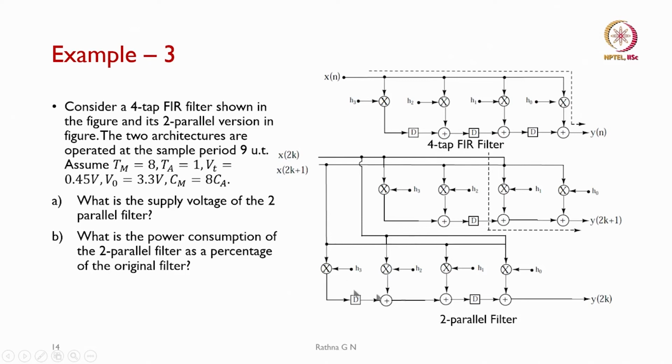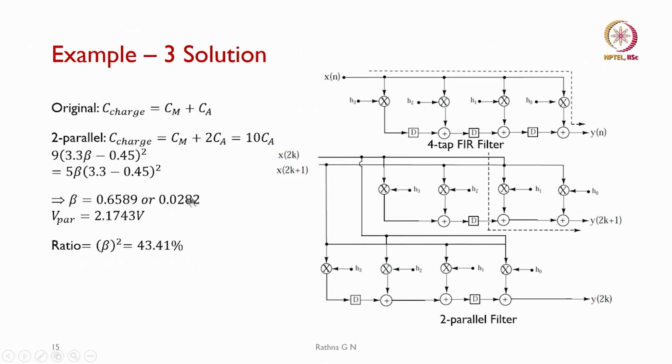You are seeing the 2 parallel filter that we have considered. In this case, the original capacitor charge is equal to Cm plus Ca, and in the case of the 2 parallel section it is Cm plus 2 Ca, which is nothing but 10 times Ca.